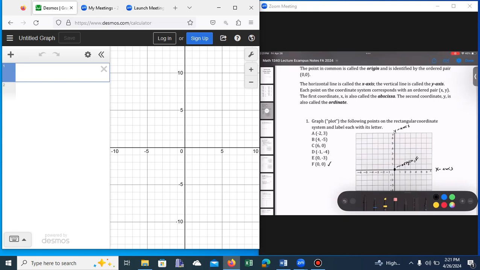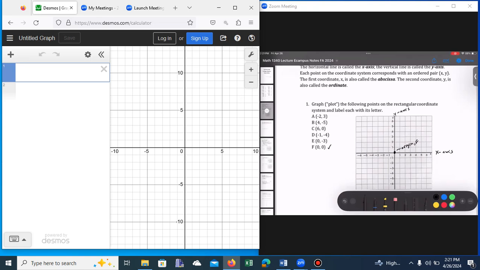And so the way we look at an ordered pair is x, y. X always comes first. So -2, 3 would be here on the graph. 4, -5 would be down here. 6, 0. 6 on your x, 0 on your y, so it's right there on the x-axis, which anytime your y is 0, you're on the x-axis. -1, -4 on here.